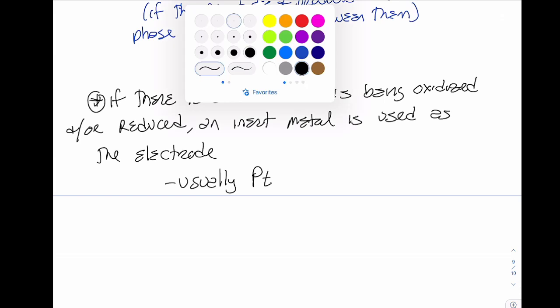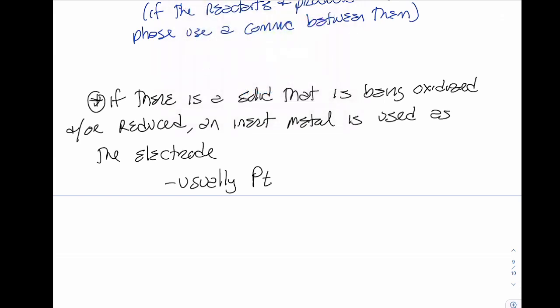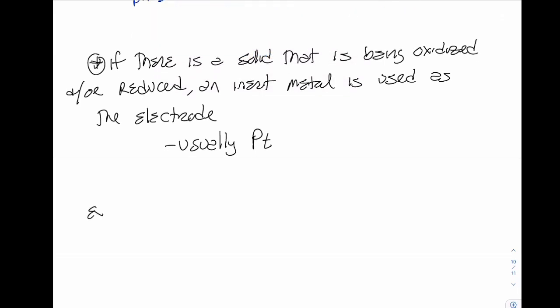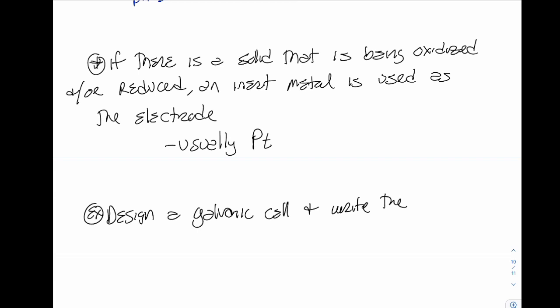So let's go through an example. We're going to design a galvanic cell and write the shorthand notation for the following reaction.